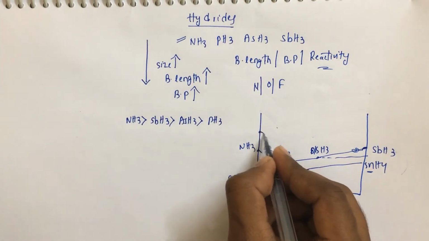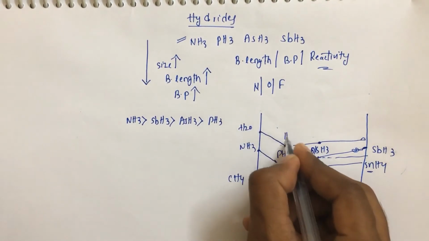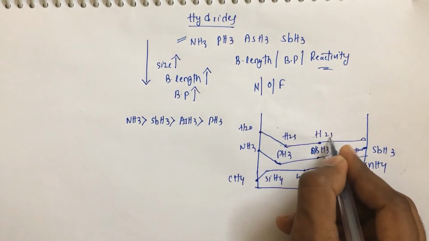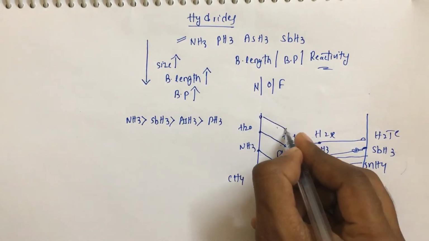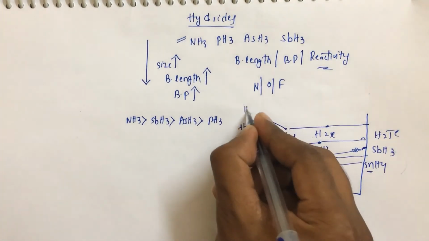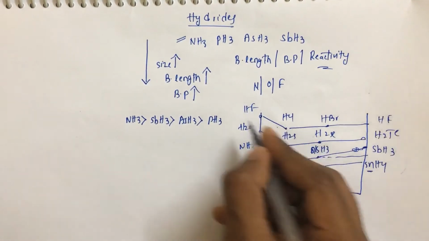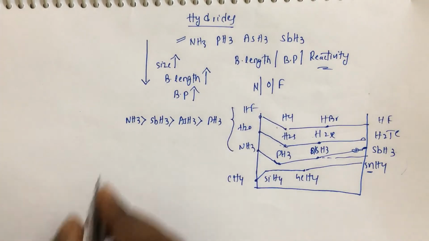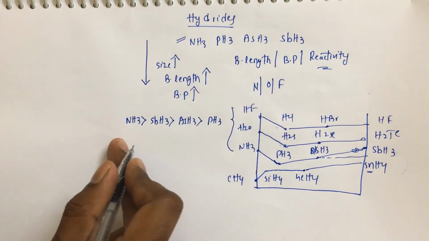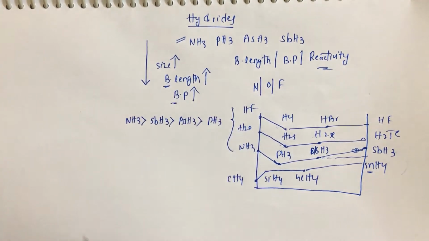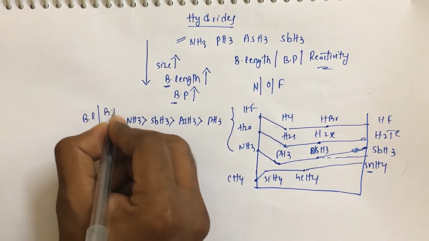For oxygen also it's the same: this is H2O, this is H2S, this is H2Se, and this is H2Te. And similarly HF, HCl, HBr, HI. So in all these three cases, the first element has more bond length, and more bond length means it has a higher boiling point also. This is the bond length order and also the boiling point order.